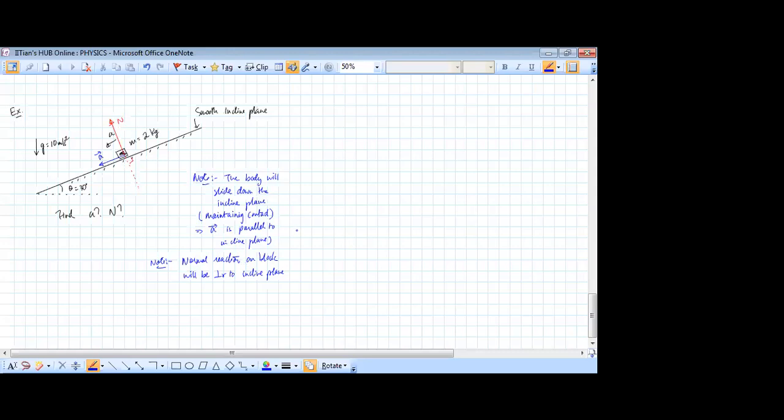So as a result of this, we will take a coordinate frame. Now, mg will remain vertical. mg is because of the earth, so that is not changing.